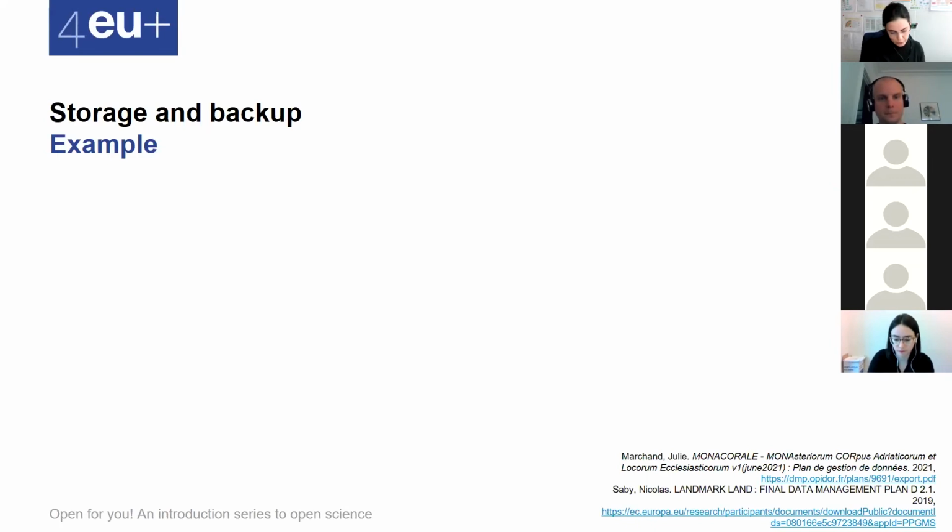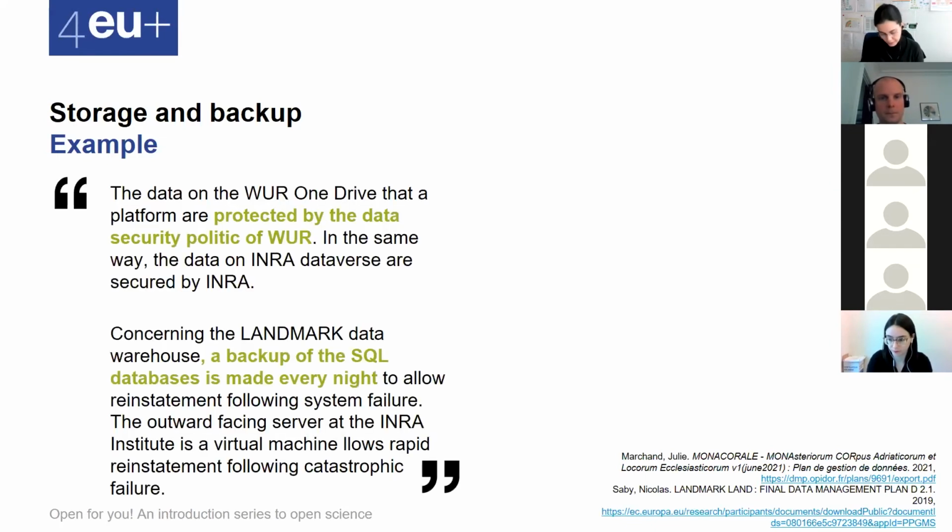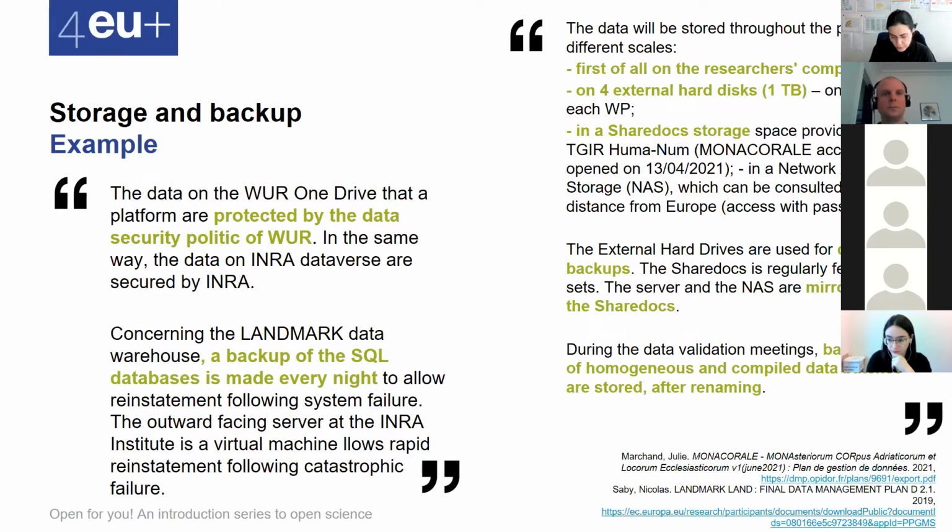Two examples about storage and backup. In the first one, the author mentioned that they host some data on a platform subject to their organization's IT security policy. And then they mentioned the frequency of backup, which is done every night. In the second example, the author details 4 types of storage for the data: on the researchers' computers, on external hard drives, and on the cloud provided by the research organization.